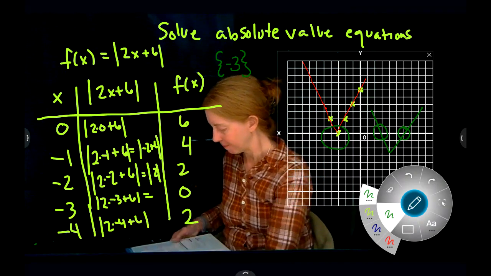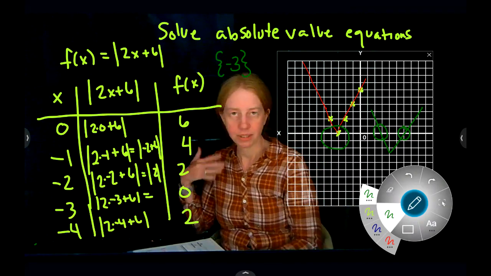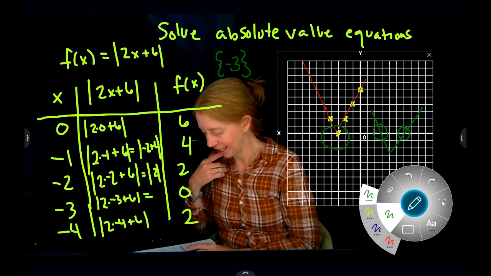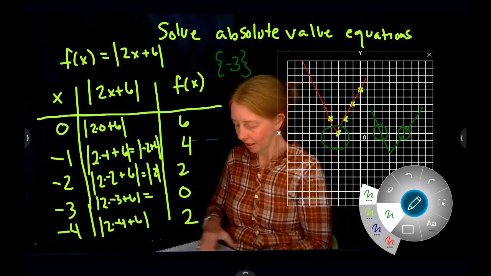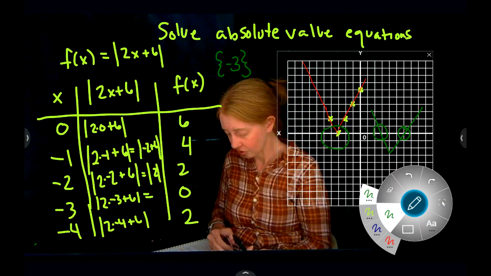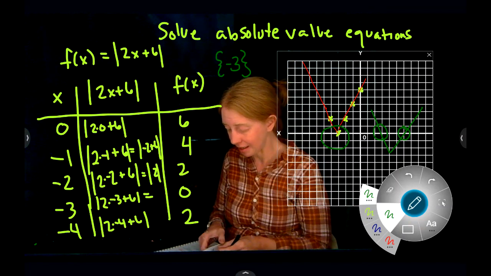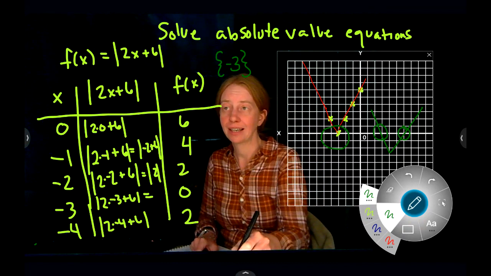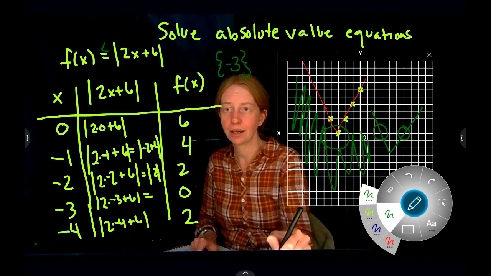There are some examples in your book of using technology. I'm still working on getting a TI-84 so I can show you how to do that. I will get there. Then there are inequalities, but that's going to be the same thing. If instead of f of x equals it was less than, you would just color this whole area.